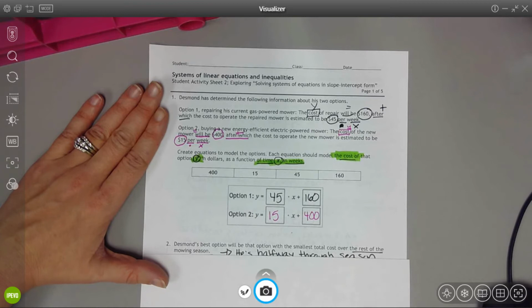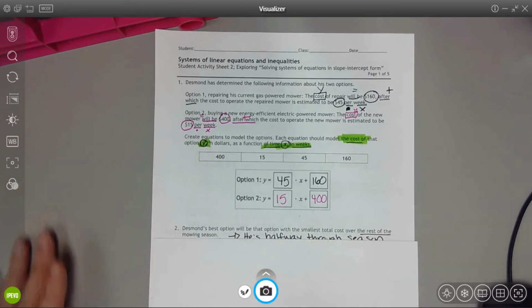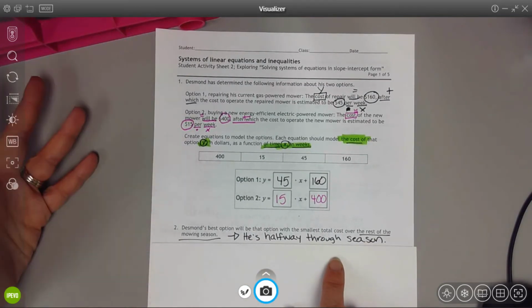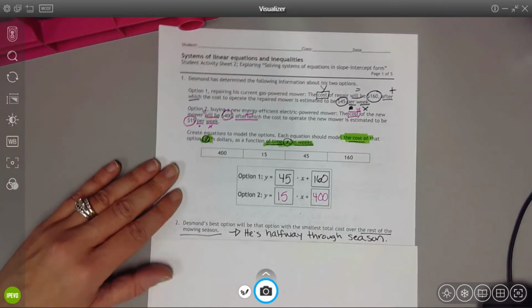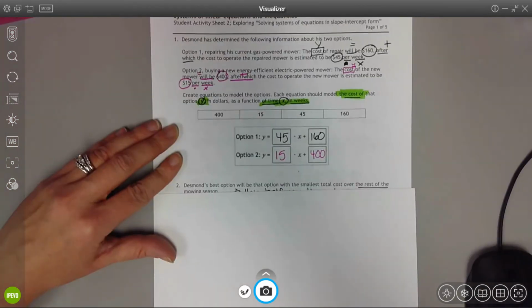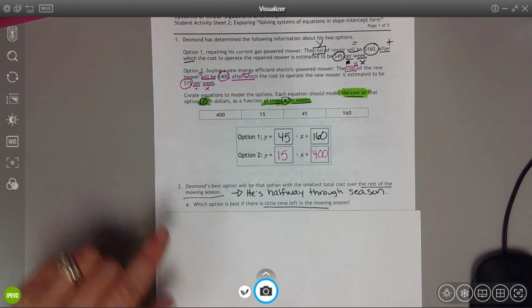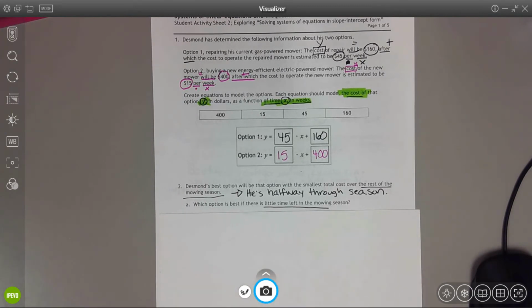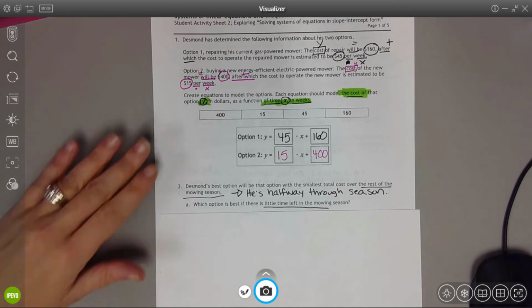They said that Desmond's best option will be the one that's going to cost the least amount over the rest of the mowing season. For example, what if he's only halfway through the season, or only a week into it? The first scenario is which option is best if there's little time left in the mowing season, just a couple weeks left.